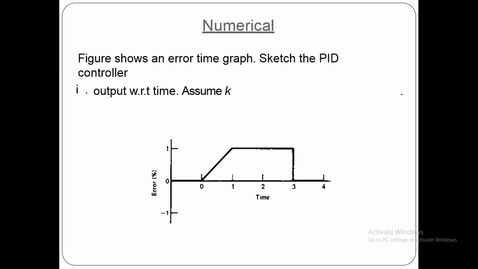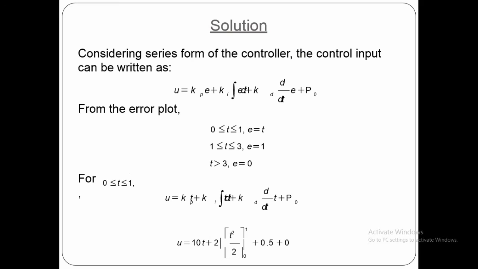Now one numerical on the PID control systems. The solution from the error plot in three conditions. First condition: 0 less than or equal to t less than or equal to 1, and e is equal to plus t.